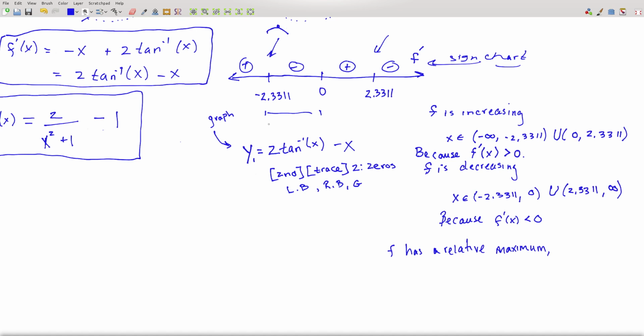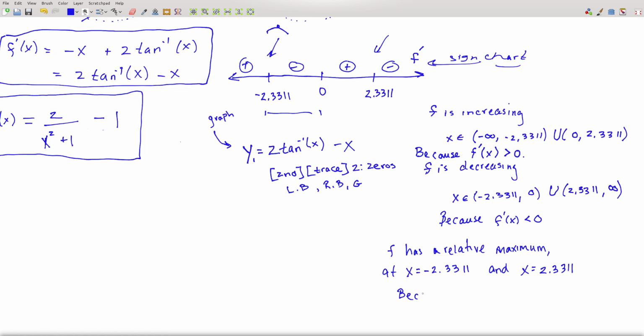Alright, so we can actually indicate that there are relative maximums at x equals negative 2.3311 and x equals 2.3311. Should we give a good justification? Yes, let's give a good justification.